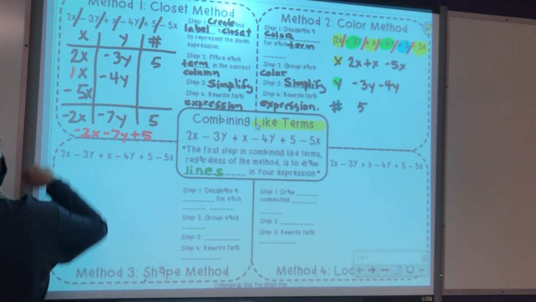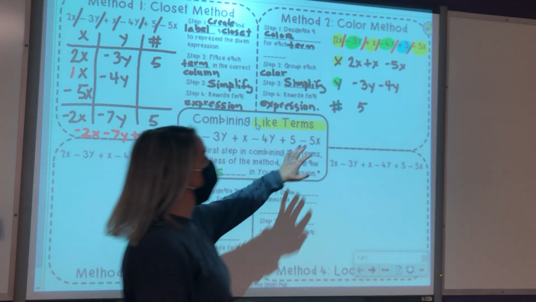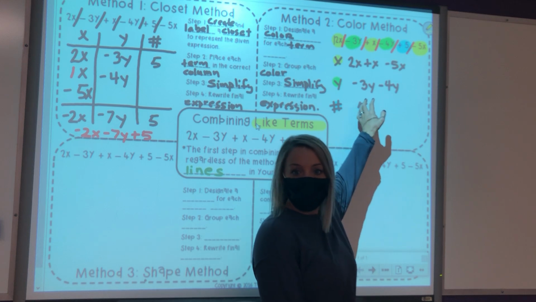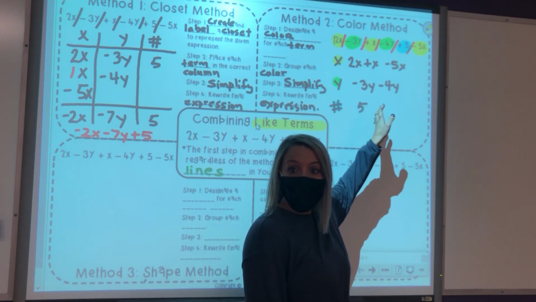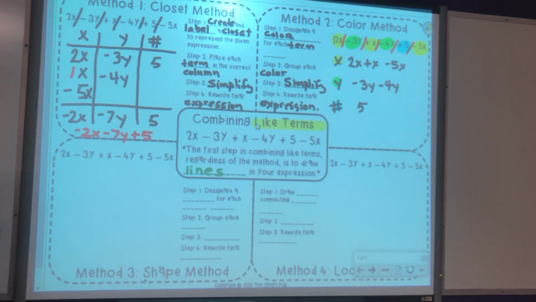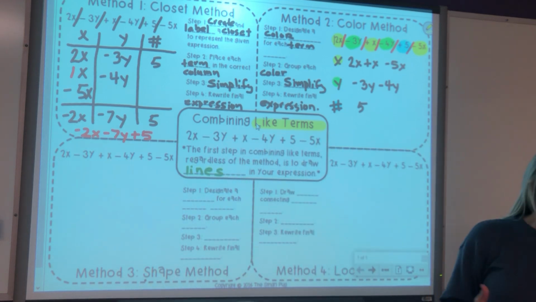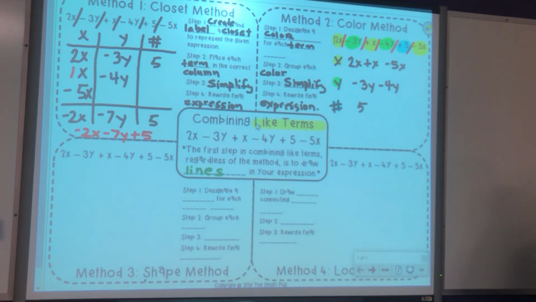We found like terms and we put them in the same closet. Now we're finding like terms and we're putting them in the same colors. Okay? So all we're doing is combining like terms. So that's why like terms is so important on Friday, so that today when we went to combine the like terms, we knew what they were.